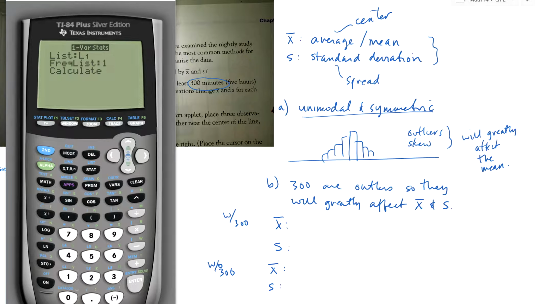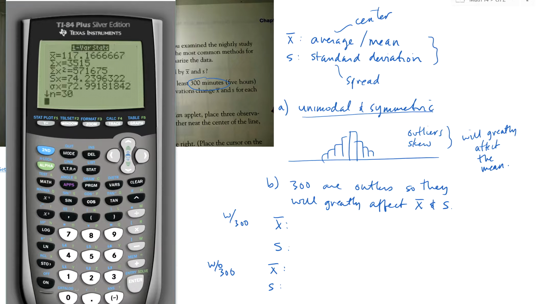Frequency list just tells you how often the data appears. You want it to count each data one time, so I want that to be 1. Calculate. Frequency list, it's asking you which list to use, and we're going to leave that blank. How about that?